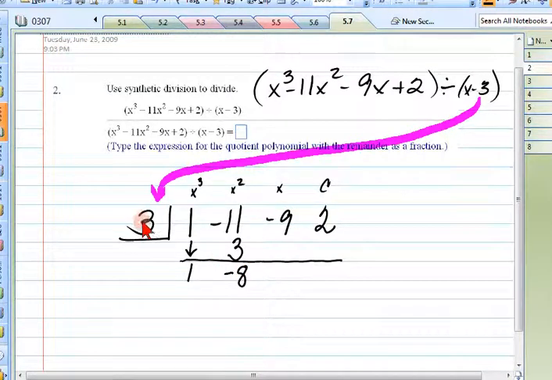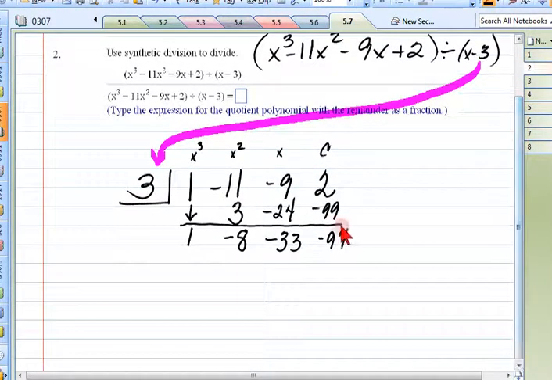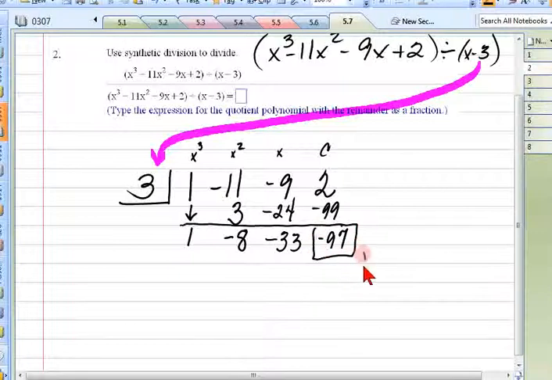Multiply negative 8 times 3 is negative 24. Add for negative 33. Multiply negative 33 times 3 is negative 99. Add for negative 97. I suggest that you immediately box in the last answer because that's your remainder. You want to remember that.